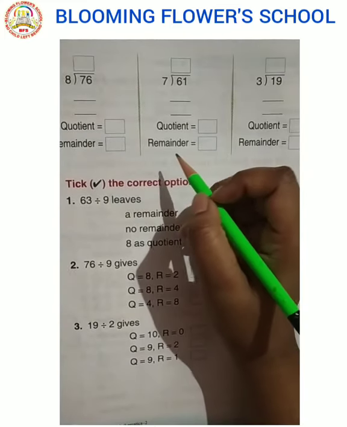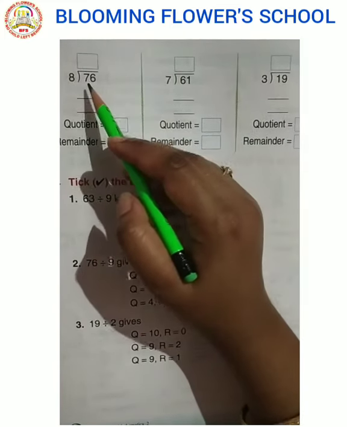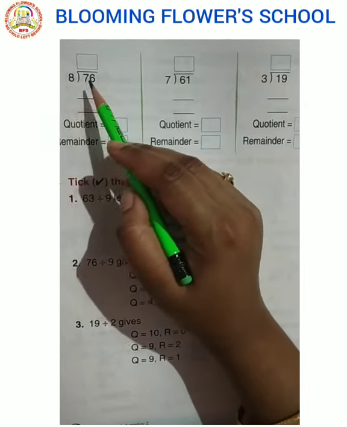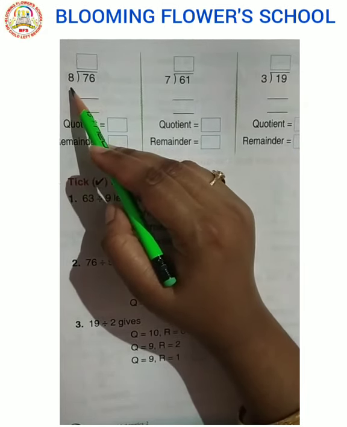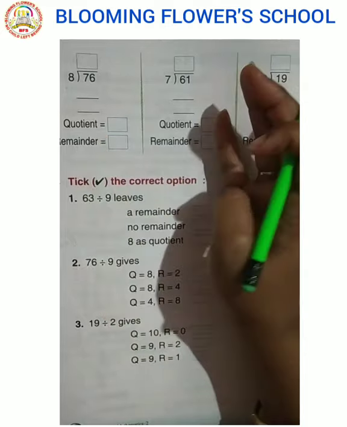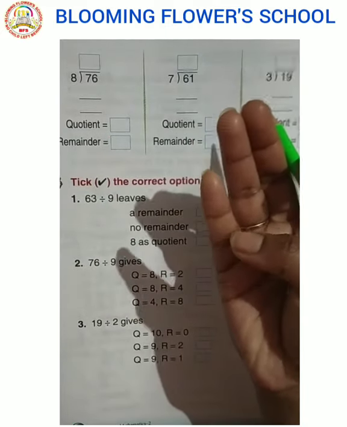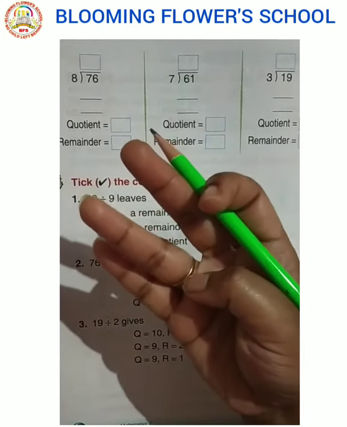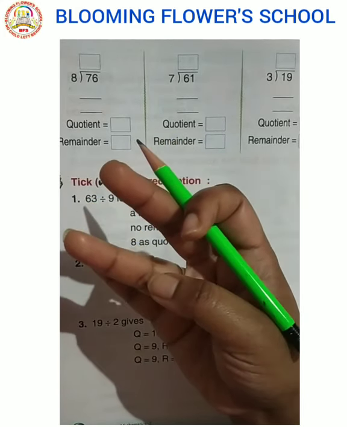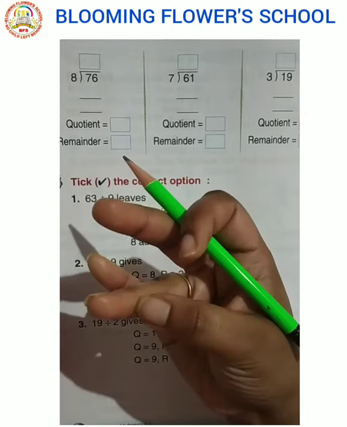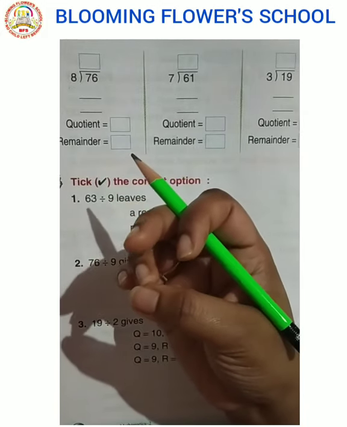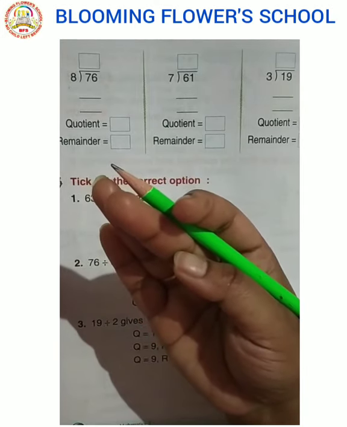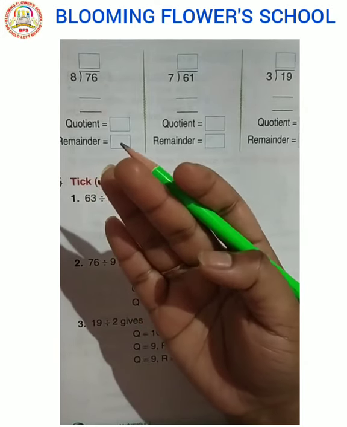Okay children, now let's go. 76 needs to be divided by 8. Okay. So again go through the 8 tables. That is 8 ones are 8, 8 twos are 16, 8 threes are 24, 8 fours are 32, 8 fives are 40, 8 sixes are 48, 8 sevens are 56, 8 eights are 64, 8 nines are 72, 8 tens are 80. 80 is more than 76.